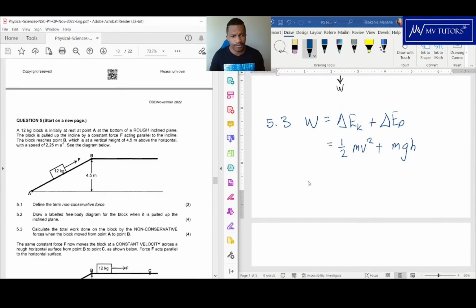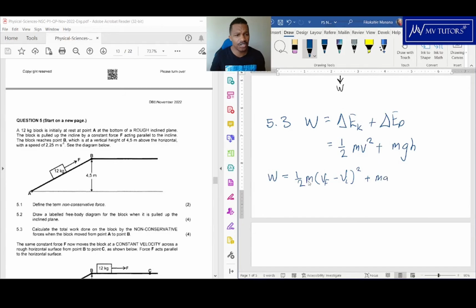Now, because we're using an expanded formula here, I'm just going to rewrite it. It's going to be a half, and then m doesn't change, but the velocities change. We will have a final velocity at B minus the initial velocity at A, and that's going to be squared.